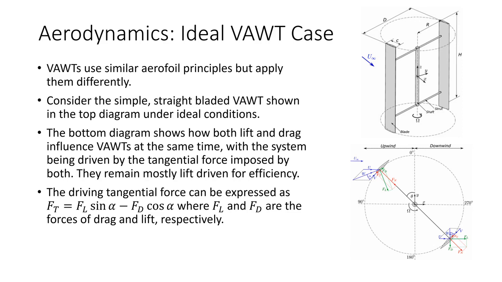Vertical axis wind turbines apply similar principles but very differently. In our case, it's the tangential speed of these blades that's driving the system, and that is mostly contributed to by lift, but can also be contributed to a little bit by drag, but we still consider it to be lift driven. We have that tangential force expressed as a function of the lift and drag there.